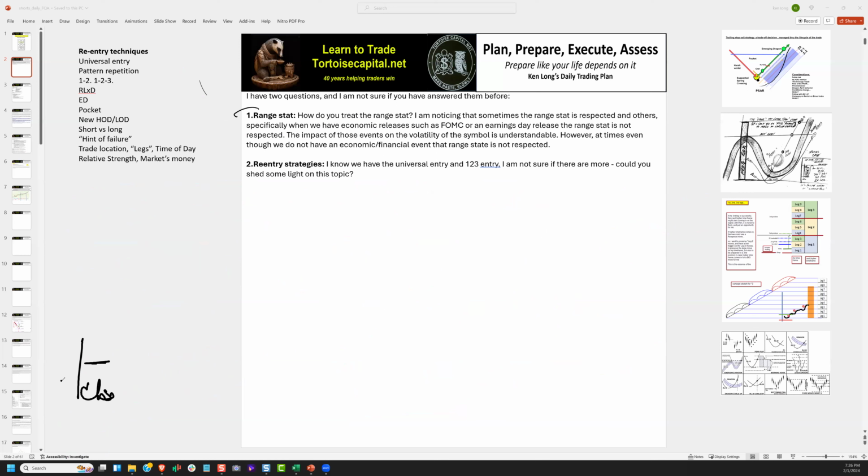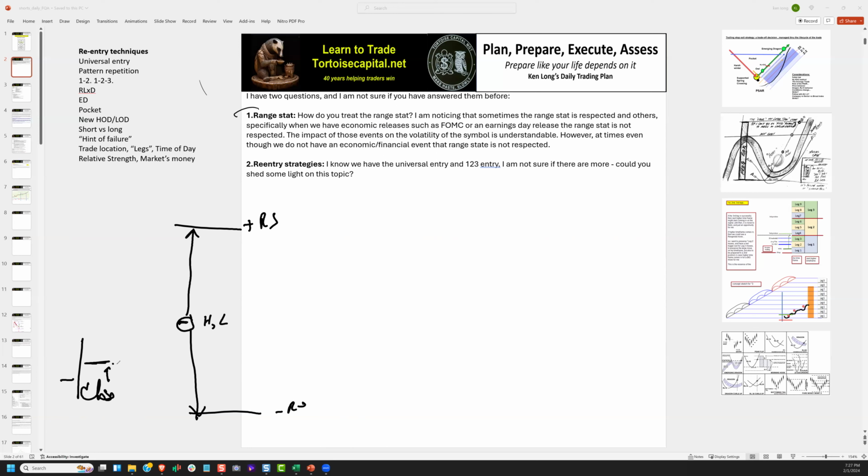If this was the close yesterday right here and then it opens here, in the moment of the open, this is simultaneously the high and the low of the new day, and that's why I can establish a plus R stat and a minus R stat right from the open and say those two prices are the maximum reasonable intraday move.